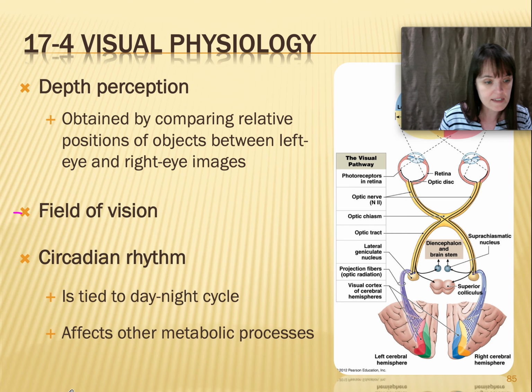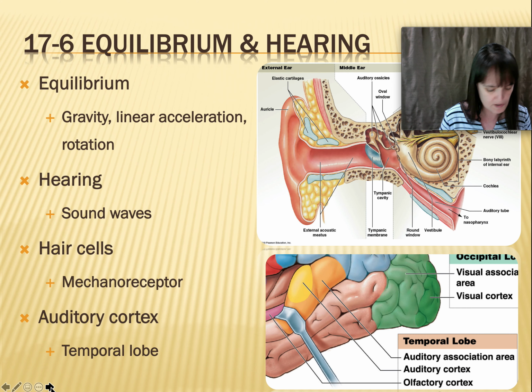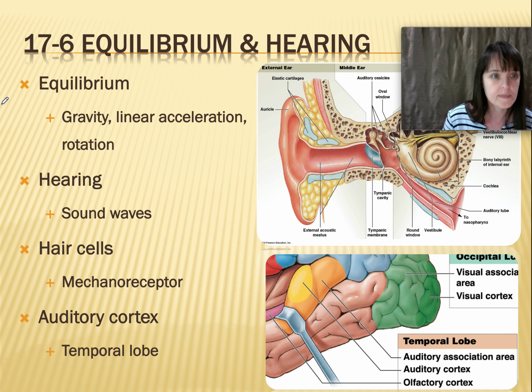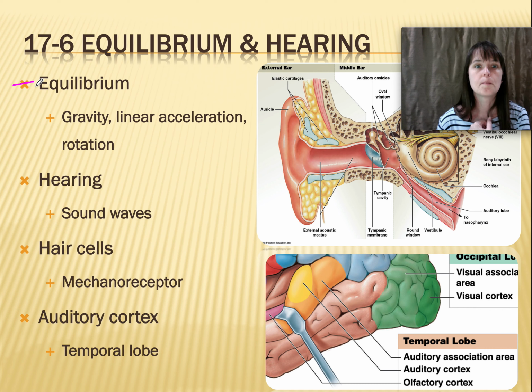And then let's start the ear ever so briefly, just to finish off page 20. Equilibrium is your balance. It's gravity, linear acceleration, and rotation. And hearing enables us to detect and interpret sound waves.